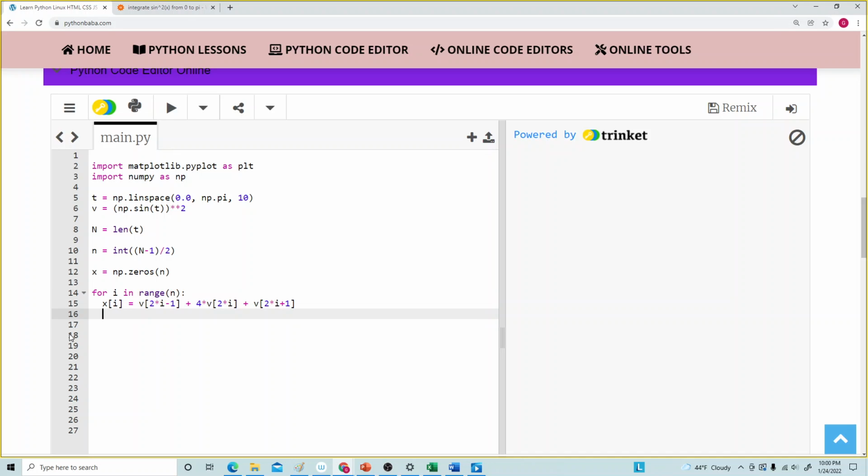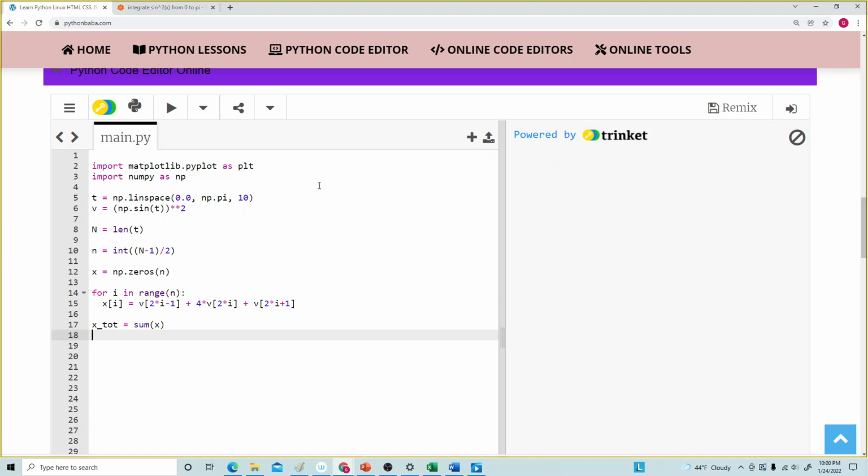And so now we're done with the loop. And once again, I run my program. It's not complaining at me. That's good. It doesn't mean I didn't make a mistake, but it does mean I did not make a syntax mistake that Python caught. So now my total displacement, and I don't care what we label this, we can label it xtot, is going to equal the sum of x.